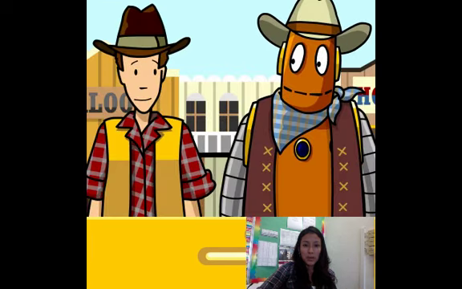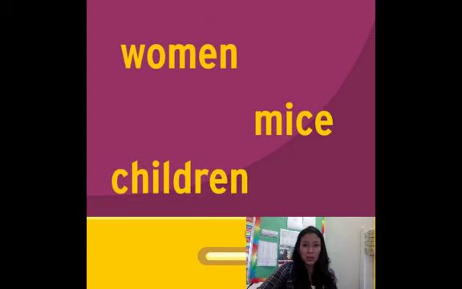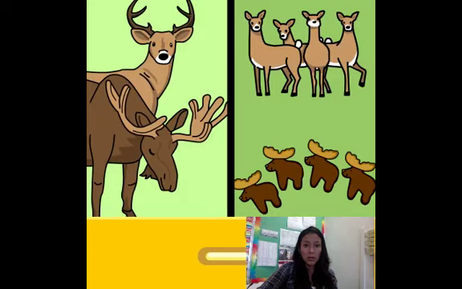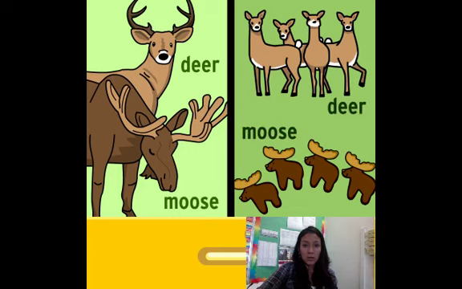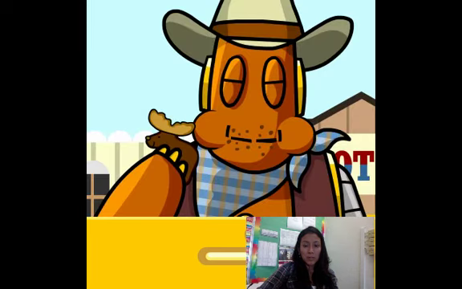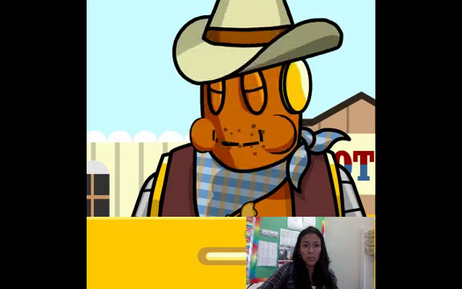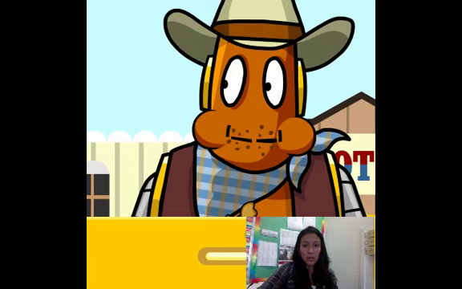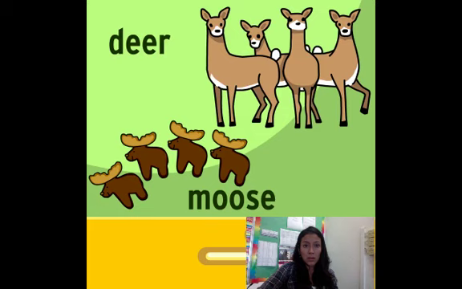I didn't even think of that. For nouns that have irregular plural forms, like how mice is the plural of mouse, go with the original apostrophe S rule. And some nouns don't change at all when they're pluralized, like deer and moose can refer to one animal or many animals. Hey, save some of those for me. Anyway, in this case, you add an apostrophe S, whether you're talking about one deer or a whole herd of them.